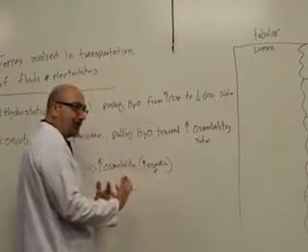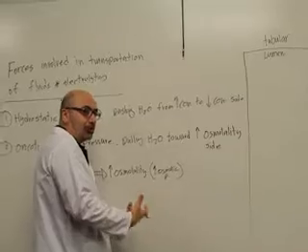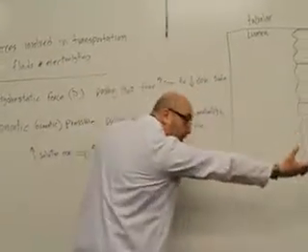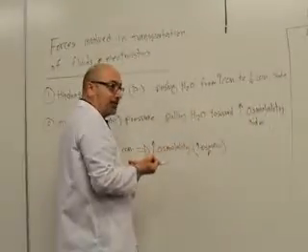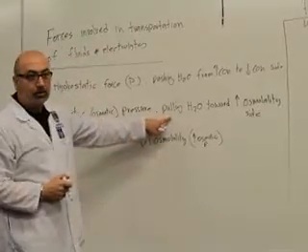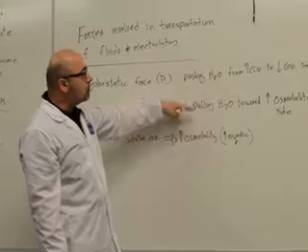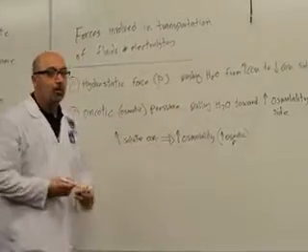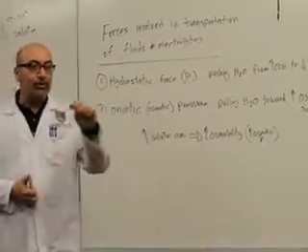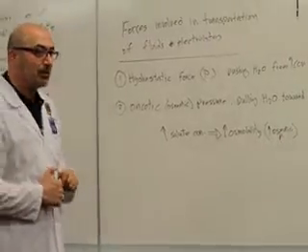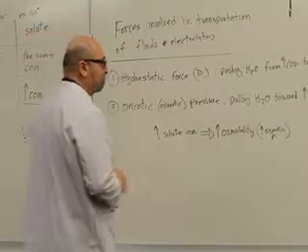So whichever side that has got greater concentration of solute is going to drag water towards it. That's why it's pulling water. Okay? So in both cases, we're dealing with movement of water, but using two different mechanisms. Okay?